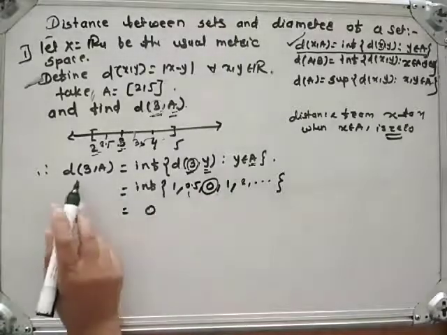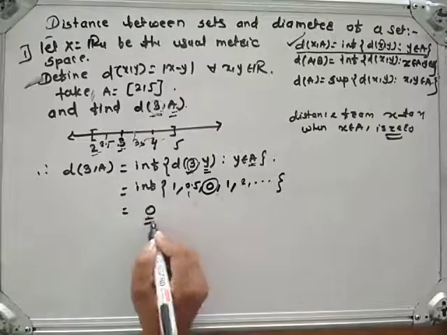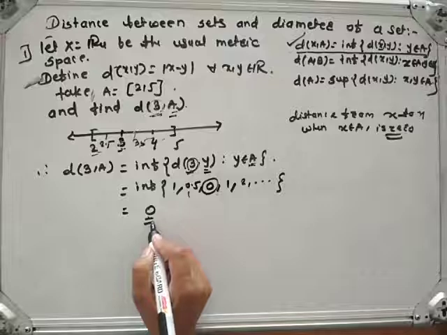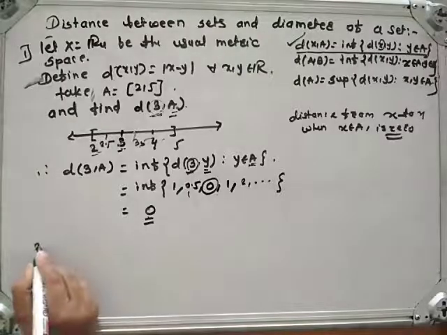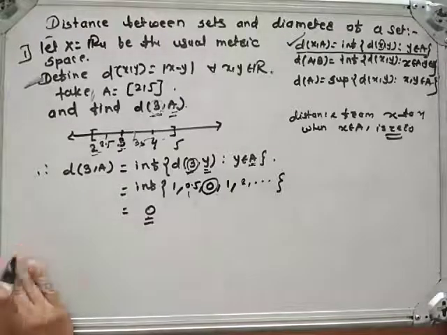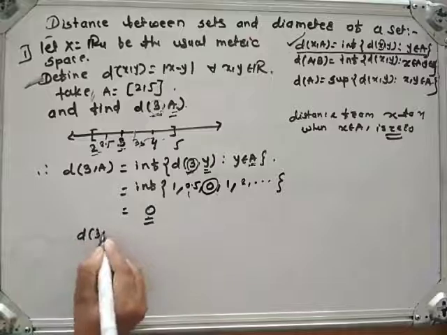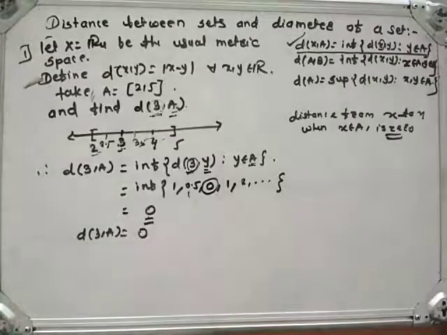Therefore, the distance from 3 to A is 0, so d(3, A) = 0.